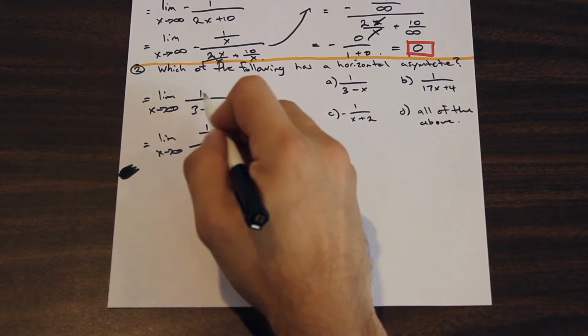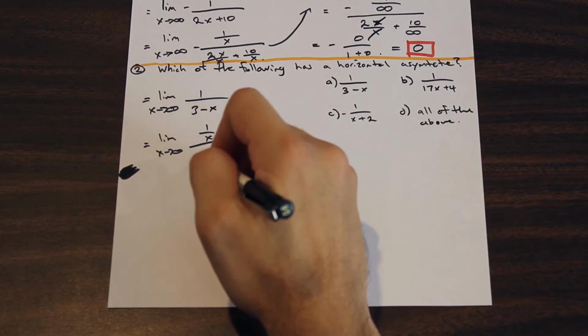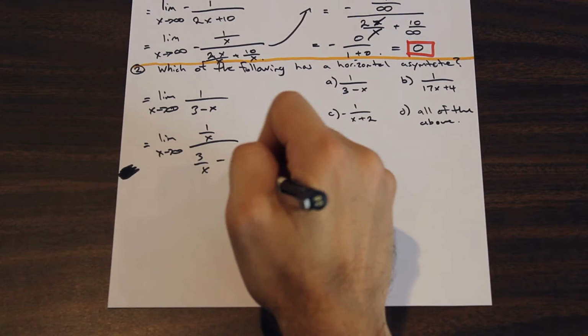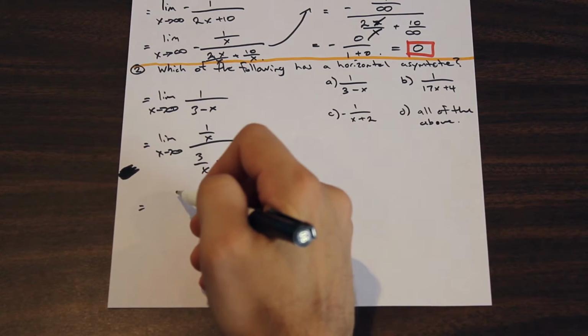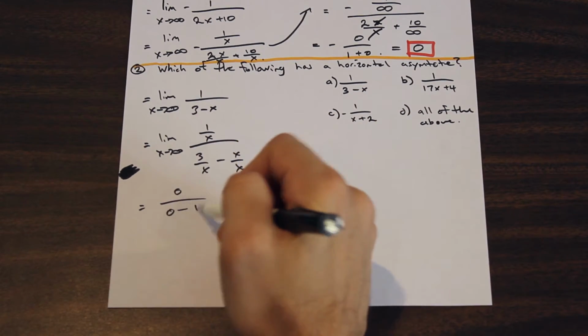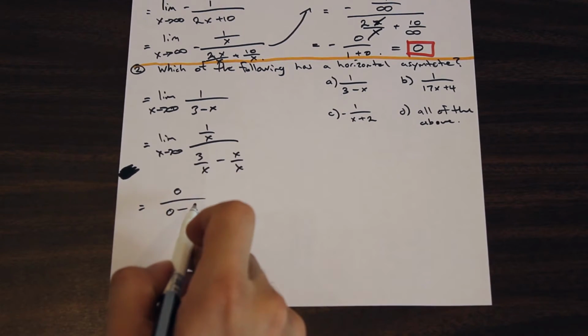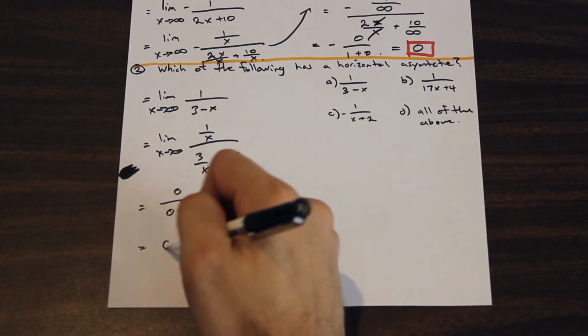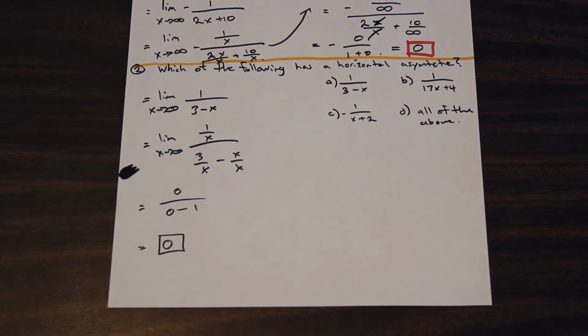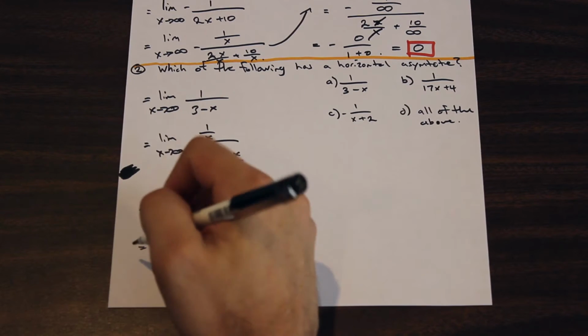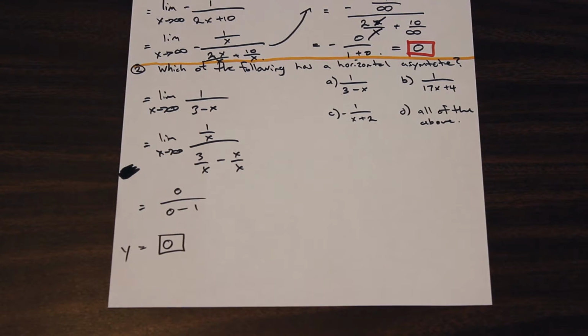Dividing each term by the highest power of x, we get 1 over x over 3 over x minus x over x. That's going to give us 0 over 0 minus 1. And as we know, 0 divided by a number is just 0. Perfect.